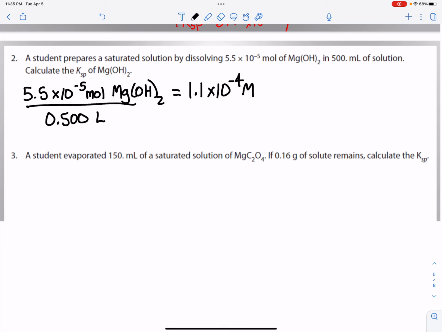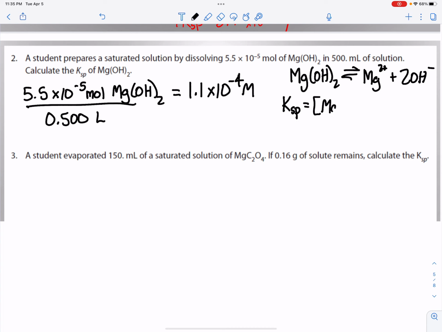Now I'm going to work that into my KSP expression. I'm going to start with my net ionic equation. You'll notice the 1:2 ratio, so that's where I get the squared from.